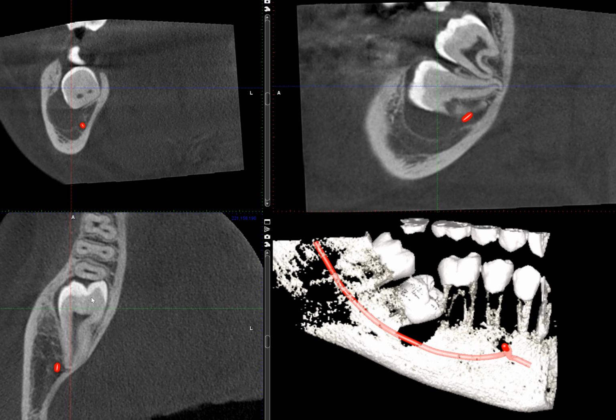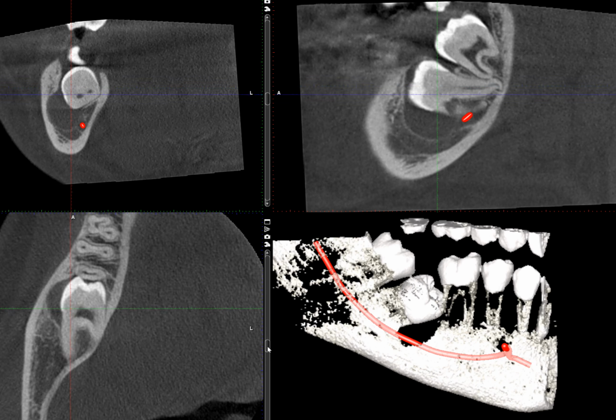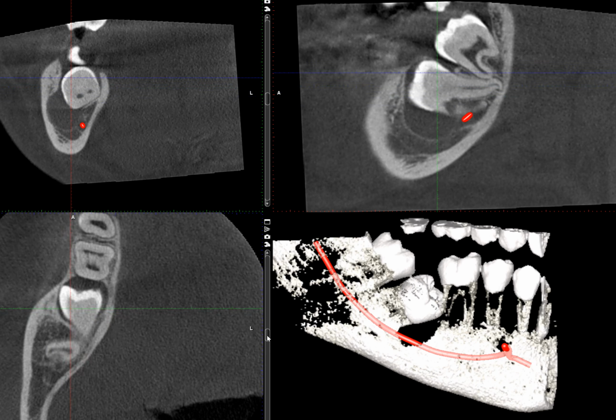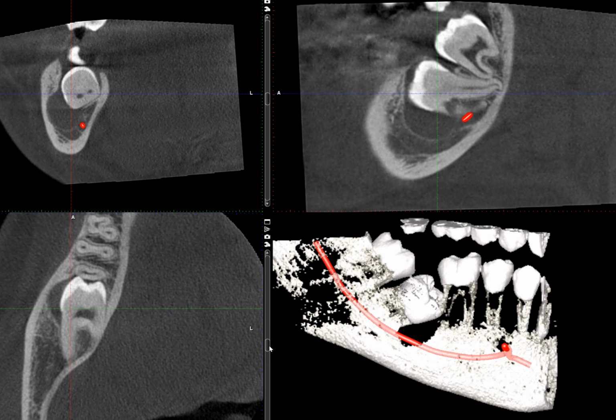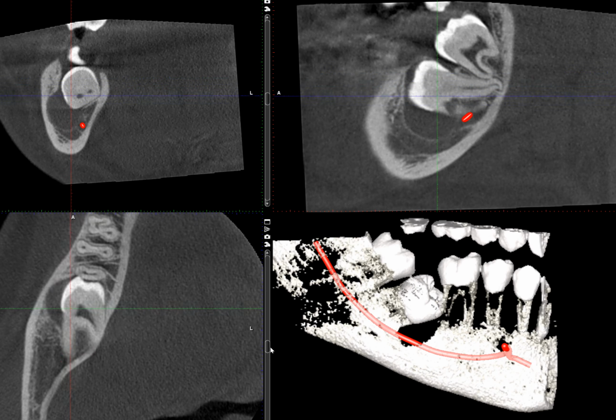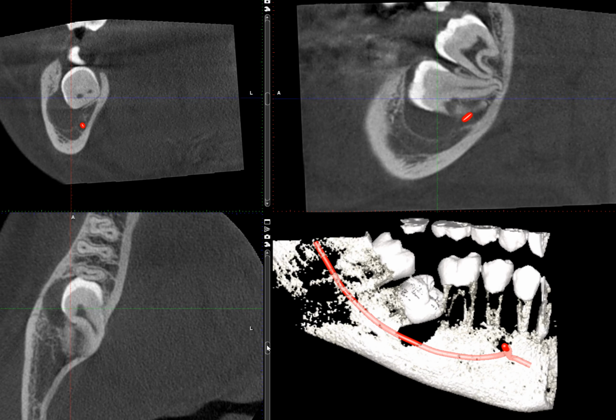I might have shared this case before, I can't exactly remember, but I certainly didn't share the final diagnosis. So this is a dentigerous cyst. This is a dentigerous cyst, and it's good to know for all of us that a dentigerous cyst can be an asymmetric expansion of the pericoronal space or pericoronal follicle.